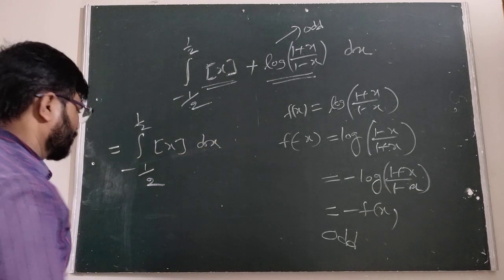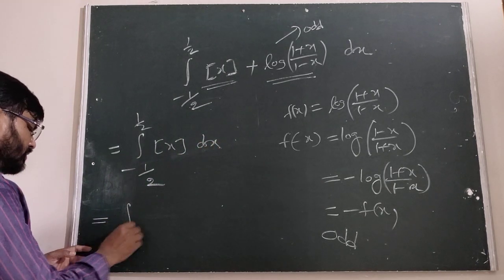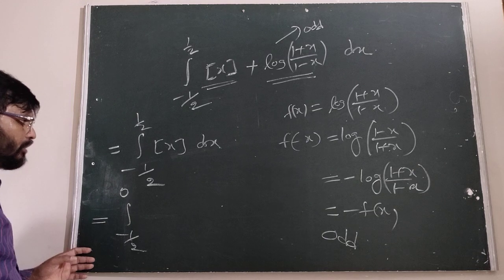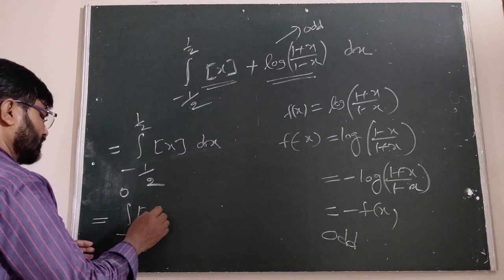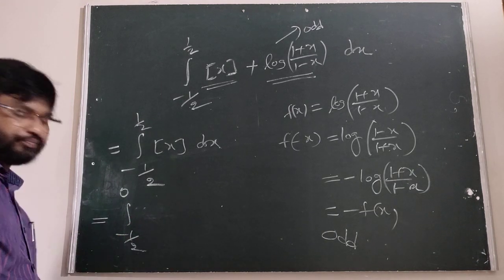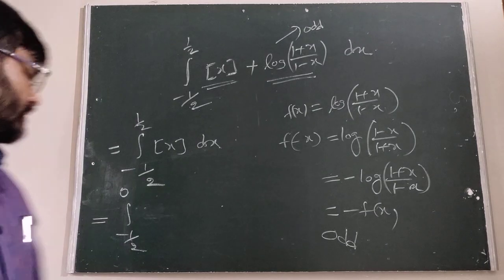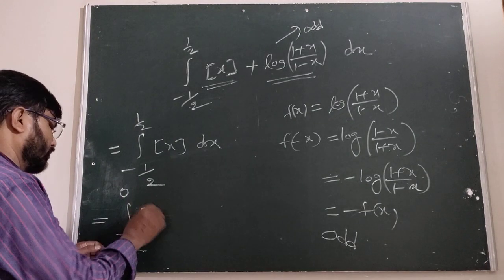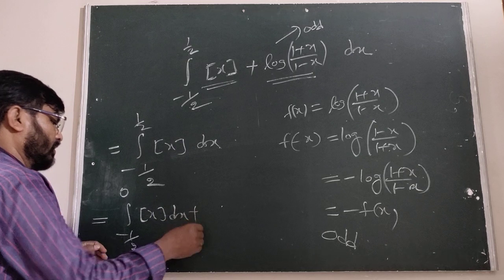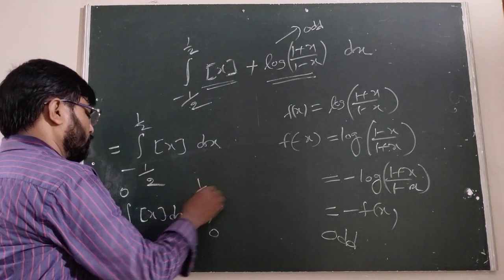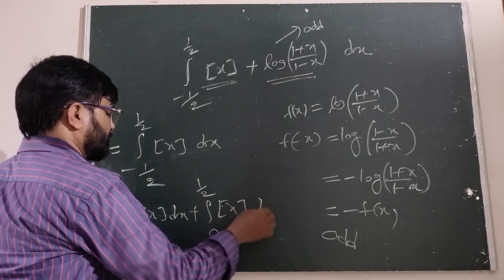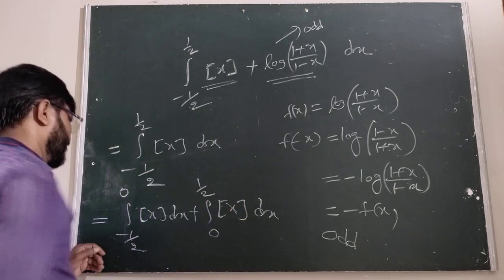Everybody knows this is, how to know this? This is minus 1 by 2 to 0. Yes, this is step x. All of you listen here. First we take the integral minus 1 by 2 to 0 of step x dx. After that we take 0 to 1 by 2 of step x dx.